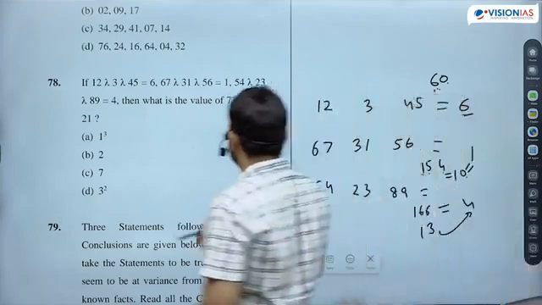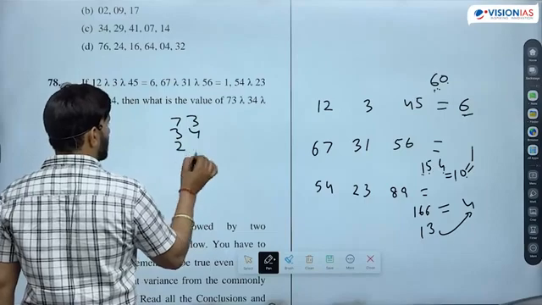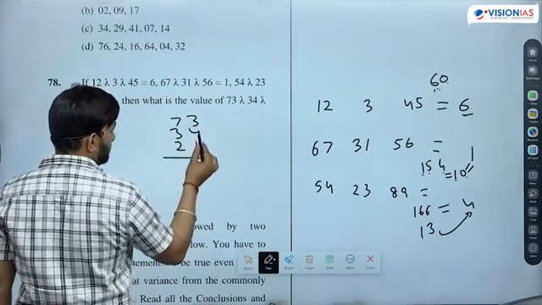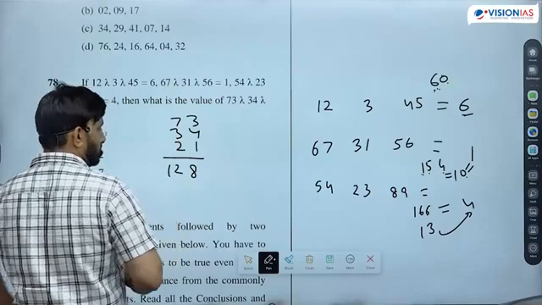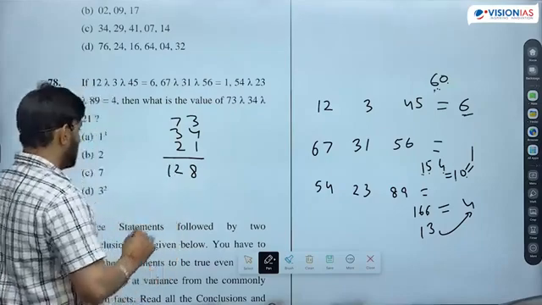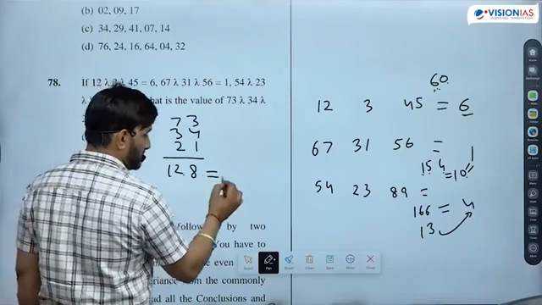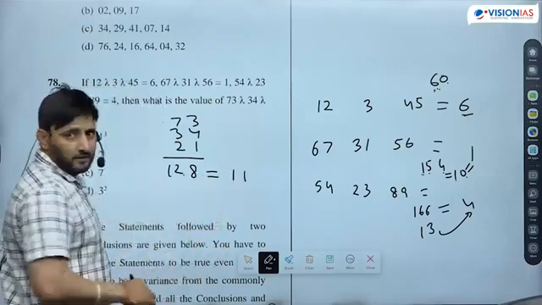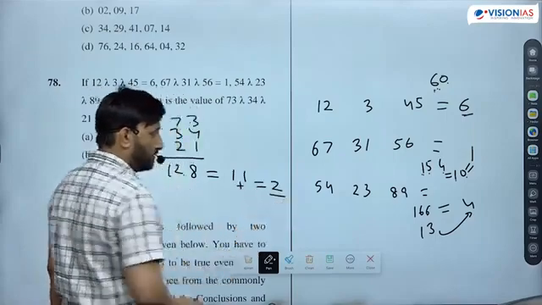तो नेक्स्ट देखते बच्चे. 73, 34 एंड 21. इनको ऐड करोगे तो 128. If we add them, what you will get? 11. 1 plus 2 is 3. 3 plus 8 is 11. 11 को further add करो. 1 plus 1 is 2. Answer will be 2.